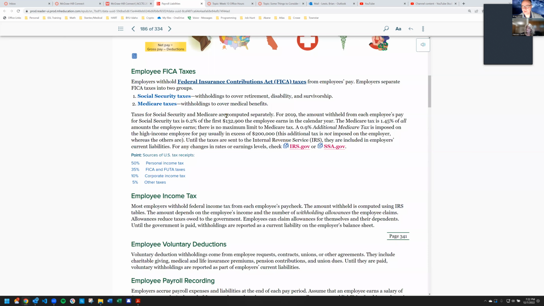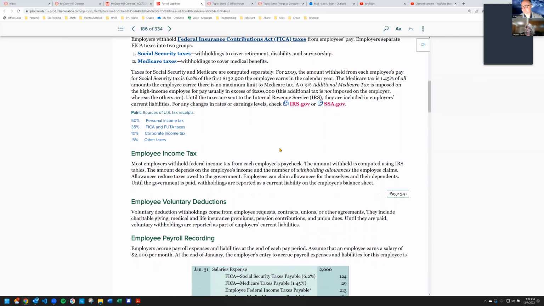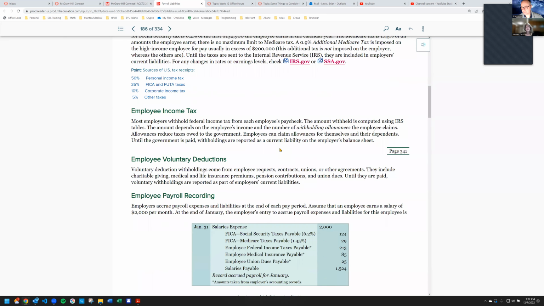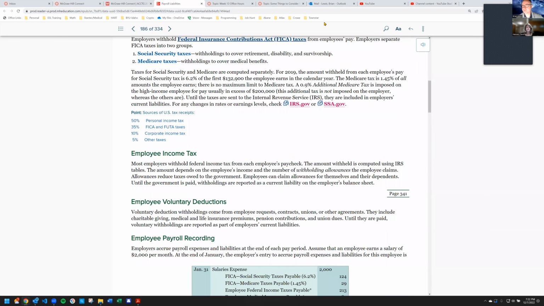I wouldn't be so concerned about the max because they usually don't cap out in the calculation, because that's by person. So I wouldn't worry too much about that. I would just worry about the 6.2 and the 1.45.